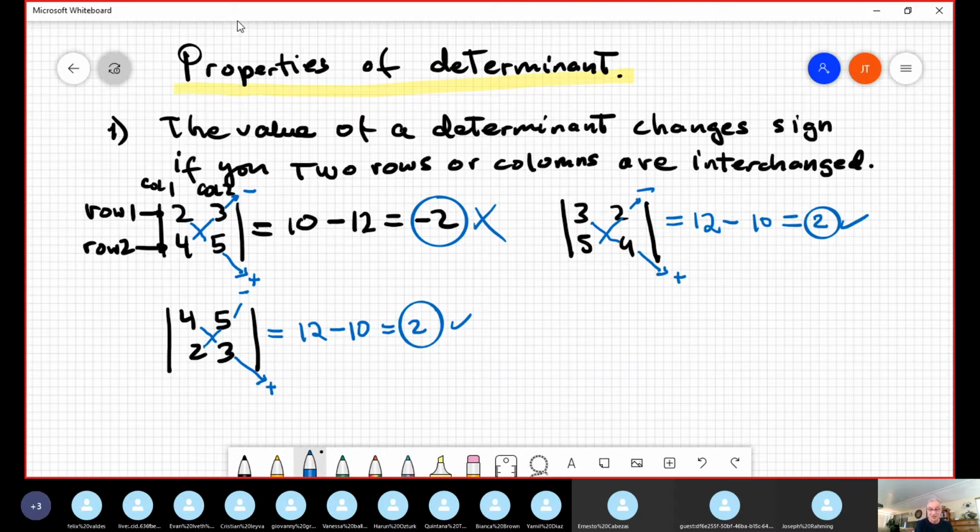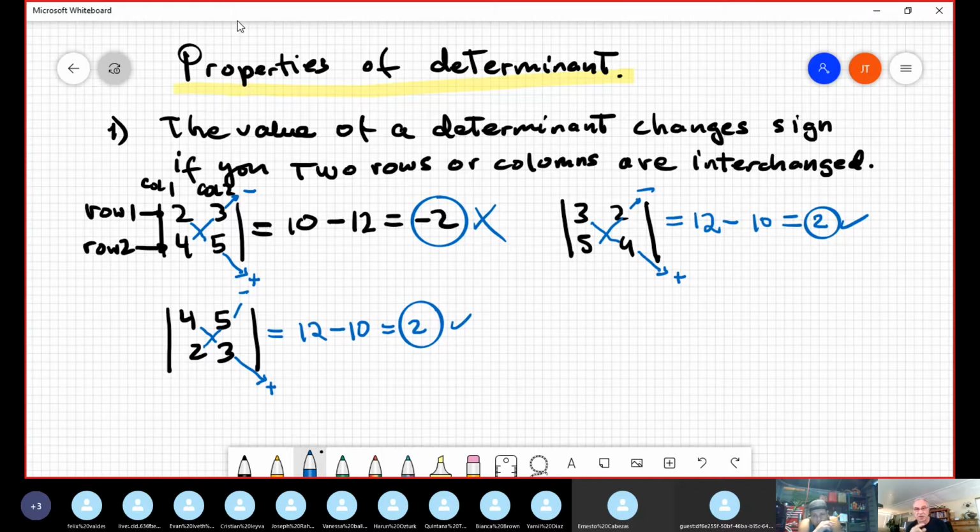And this is valid regardless the dimension of the determinant. Super big determinant, when you interchange two rows or two columns, for example, you interchange 1 and 2, and you interchange 2 and 3, you are doing two changes.